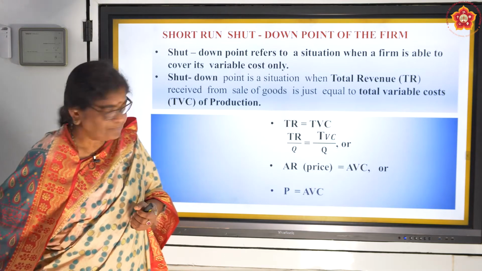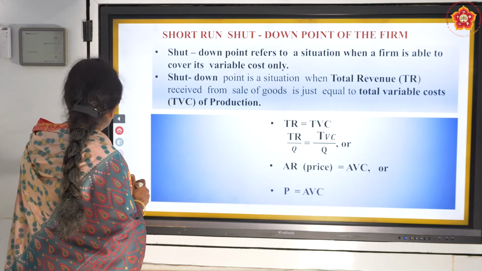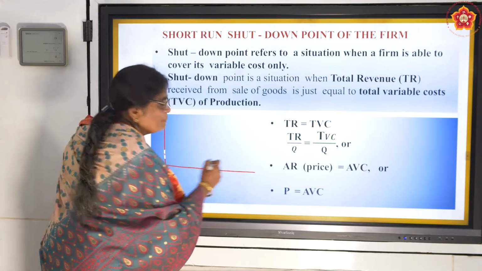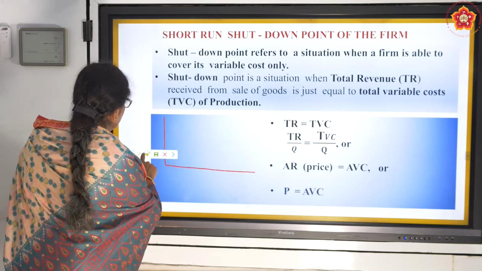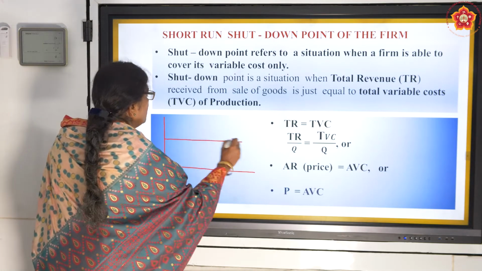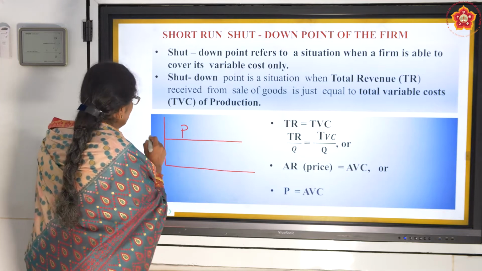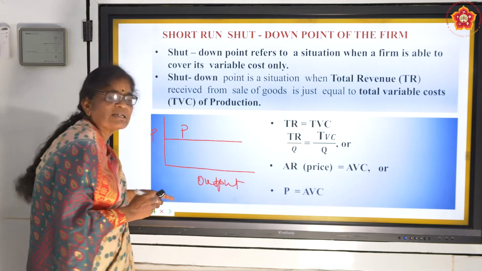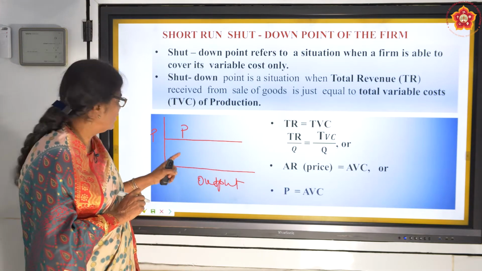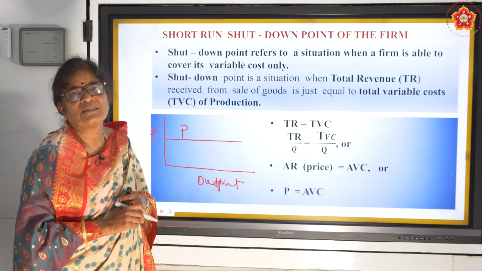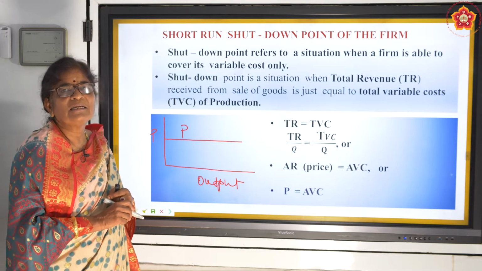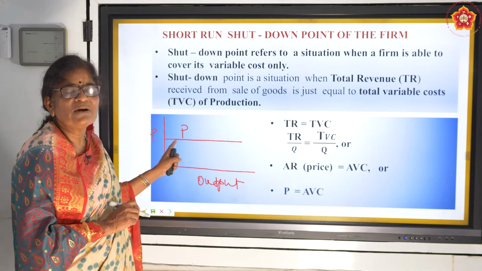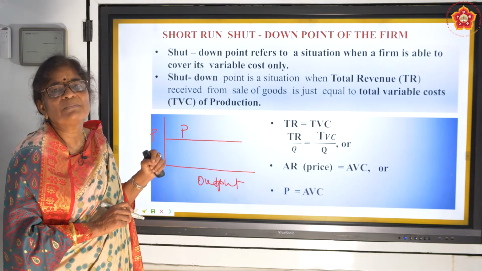And we have seen that for a perfect competitive market, this is the price line, this is output. This is a peculiar structure under perfect competitive market where firms are price takers. Therefore, prices remain constant. A single firm cannot influence the market price.